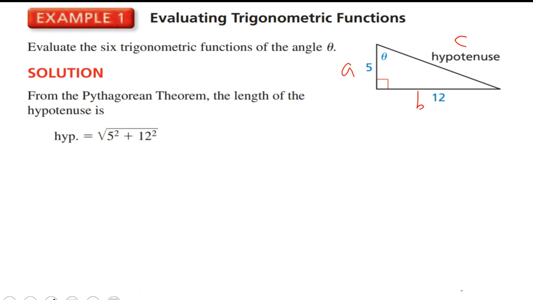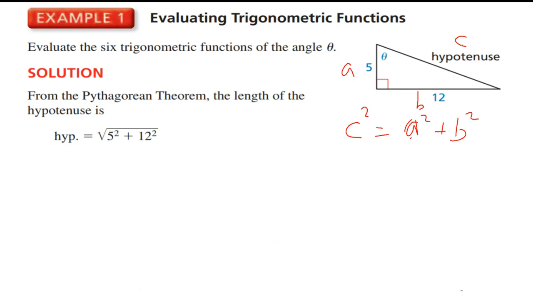Remember, when applying the Pythagorean theorem, the square of your hypotenuse should be equal to the sum of the squares of your A and your B. Okay, so we square A and B, and then we add them. That should be equal to the square of your C.